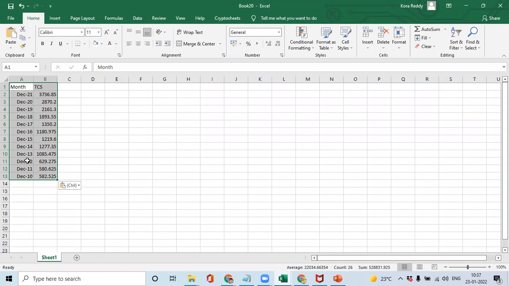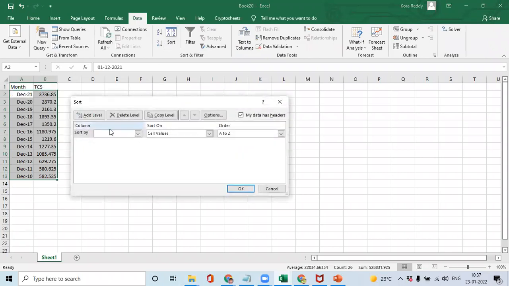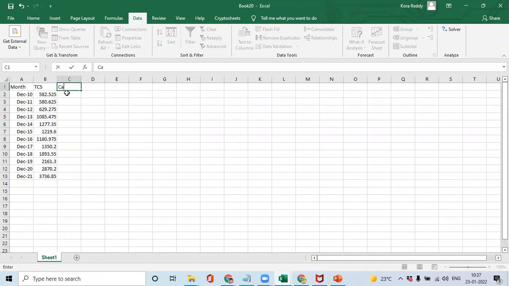For you to calculate XIRR, you need the dates in the other direction, oldest to newest. So you bought one stock, and for cash flow you put a heading.